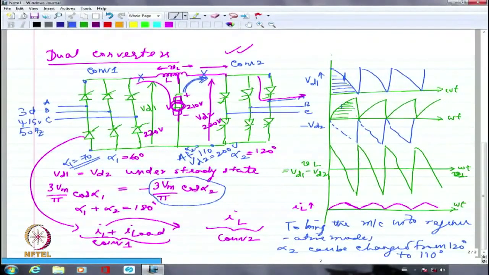So that is the major advantage of using a dual converter. Normally dual converters are employed only in those applications where you expect frequent reversals and you also expect a significant amount of saving in energy because of regeneration.